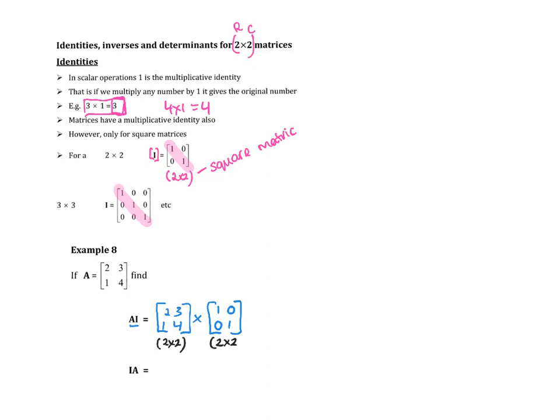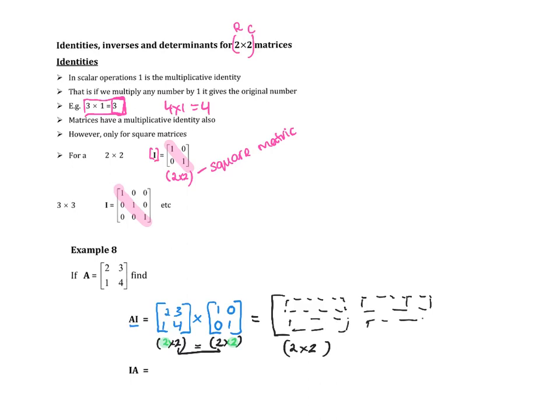Remember we said we can do it because these two are equal, and remember our answer will be a 2x2. Do you remember that? Yeah? So let's just write it out. Remember I said maybe just do the little boxes so you realize how many answers you should have in here. So I'm going to have 2 rows and 2 columns. So essentially I'm going to have 4 elements in there.